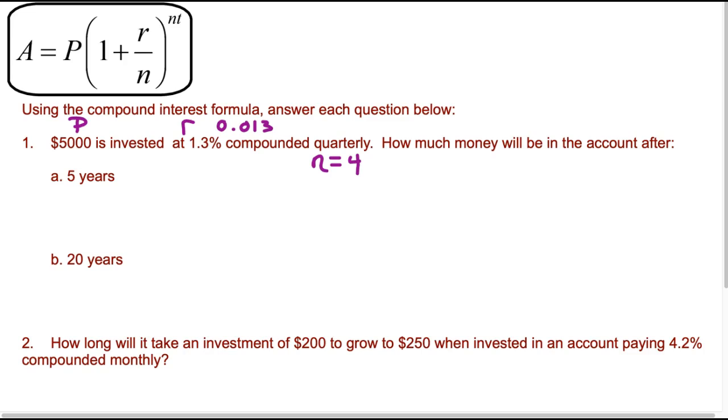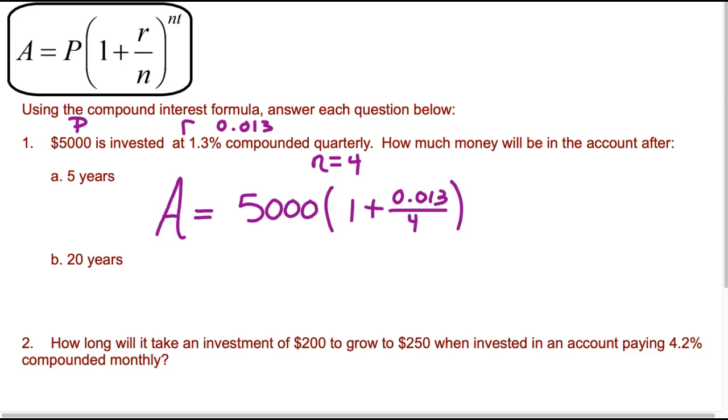So, matter of putting this down on paper and then using a calculator to evaluate what we have. So we have 5,000 times 1 plus 0.013 divided by N, which is 4, and that's going to be to the 4 times 5 power.